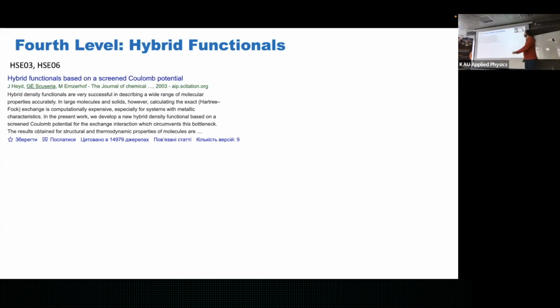It's not a big deal to name this potential. Looks like Perdew finally retired. No, he didn't retire, but I don't know why, he doesn't work with these hybrid functionals. Maybe he doesn't think that it's a good idea because, as I told, it is rather unnatural. The ideology of Perdew was to create, so Perdew, Burke, Ernzerhof was a non-empirical set of potential, so functional.